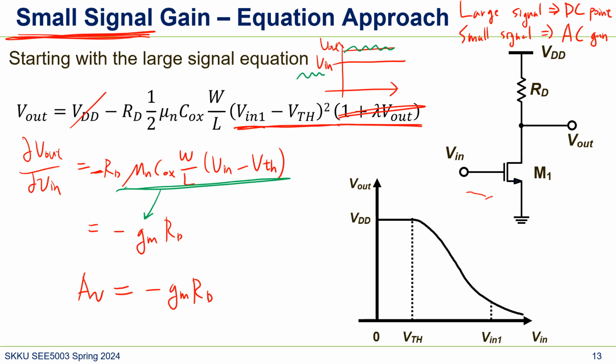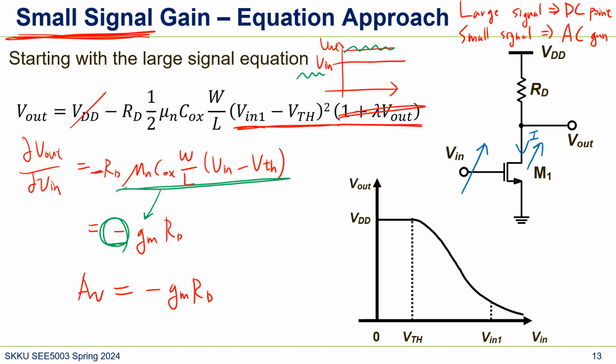The other important part, I think, would be the sign. This sign is always important. So this is a minus sign. Why? Of course, we can show it in the equation, but if you just think about it intuitively, what happens if we increase Vin? If we increase Vin, the current will increase, right?